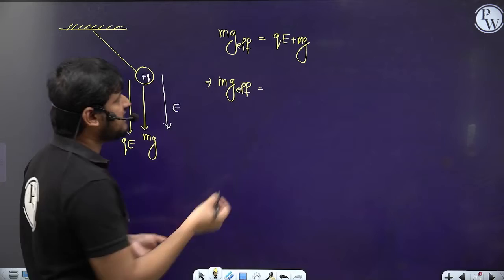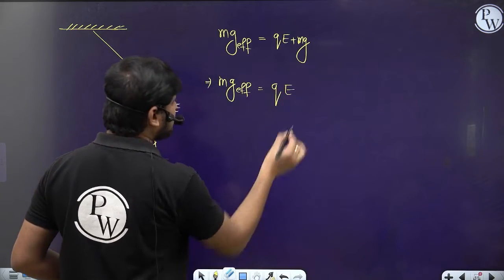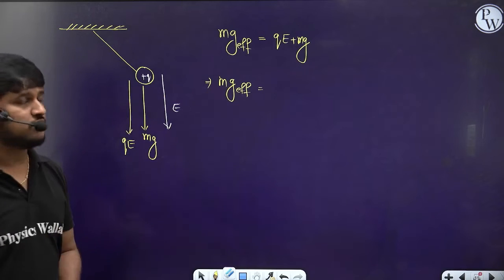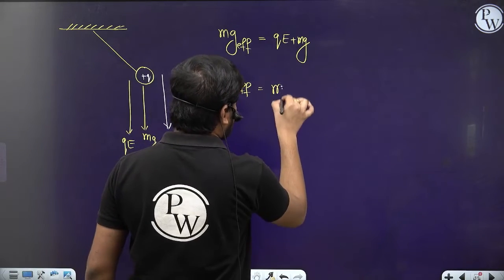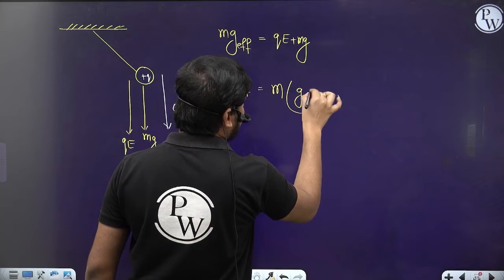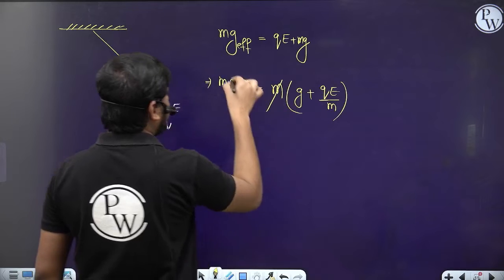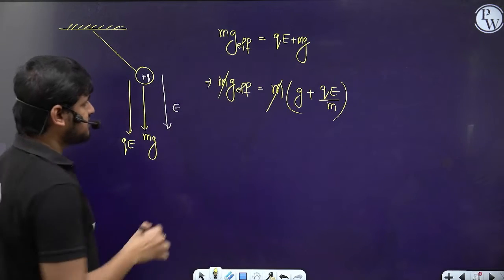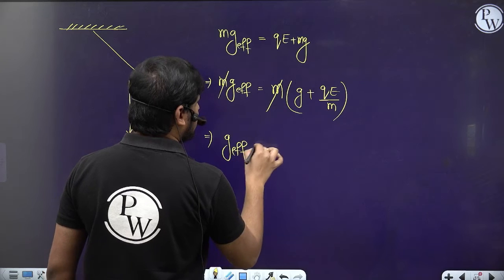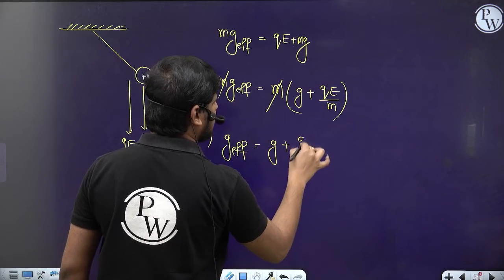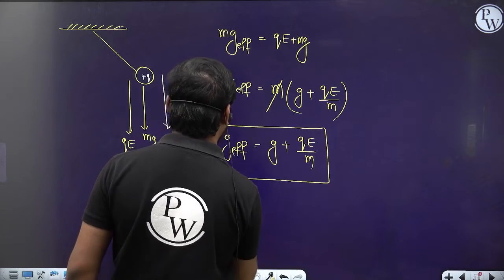We take m out and cancel m on either side, so I can write g plus QE by m. Then g effective will be equal to g plus QE by m.